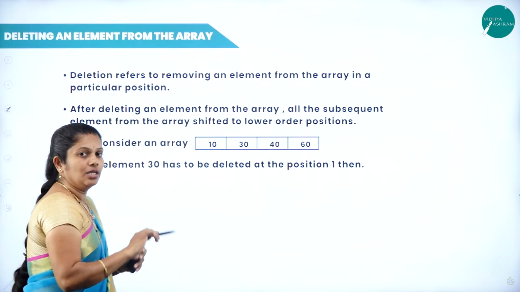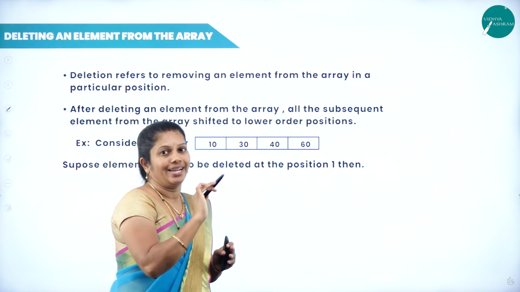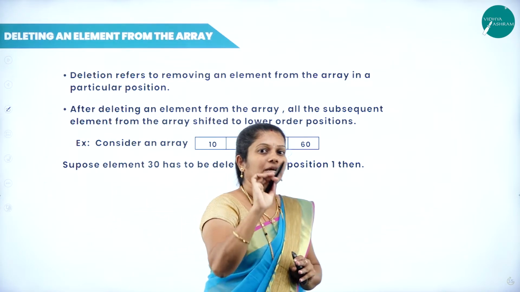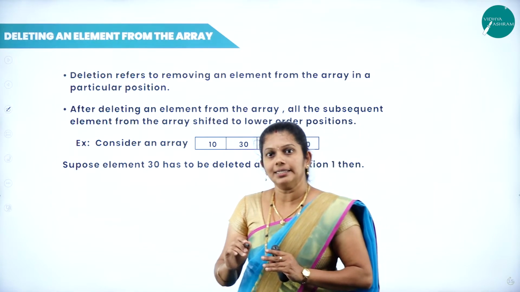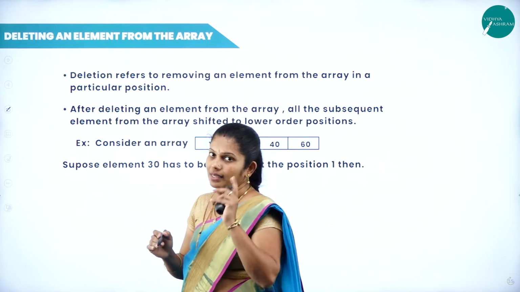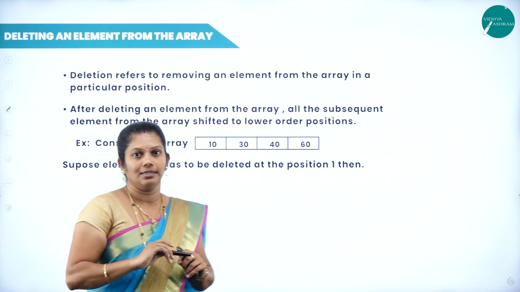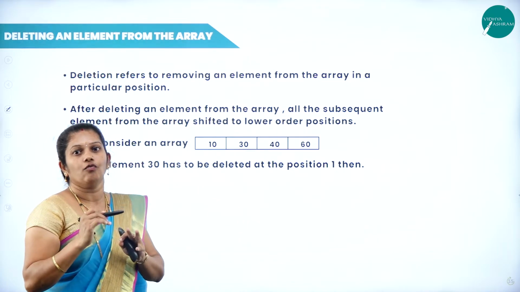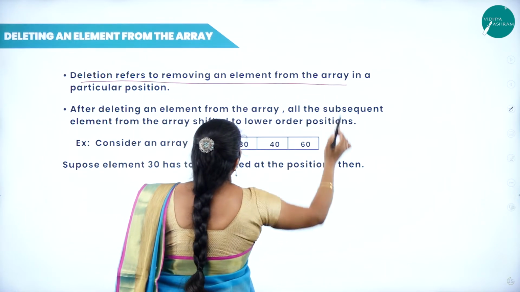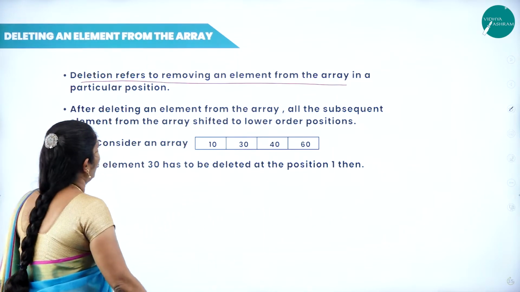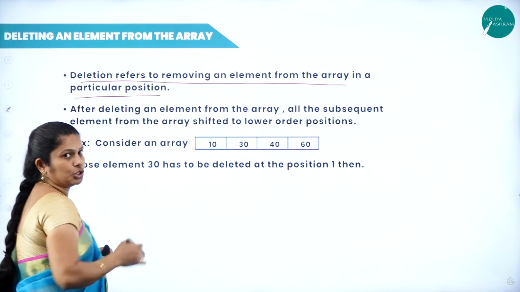Whereas under deletion, no need to mention which is the item. Only if you mention the position, that is enough here. Once I delete an element, obviously the array size decreases here. Deleting an element refers to removing an element from the array at a particular position.